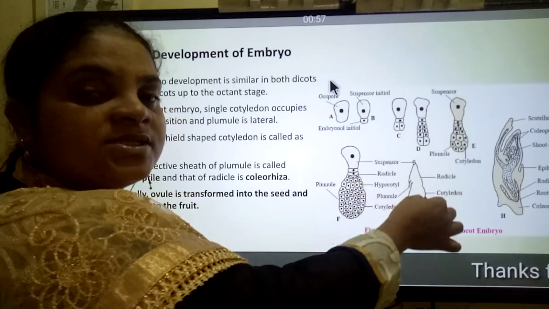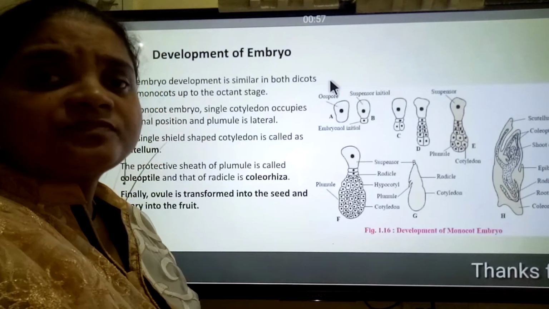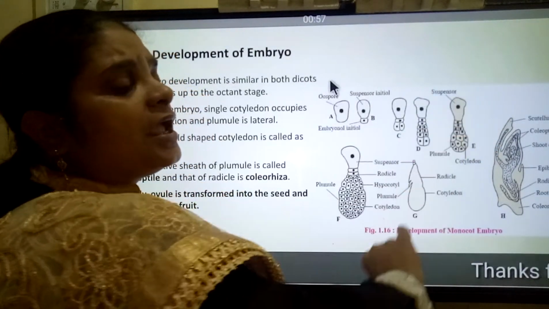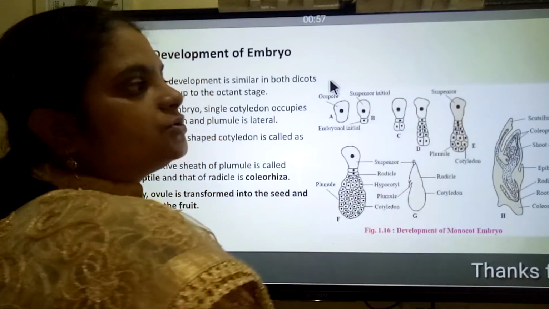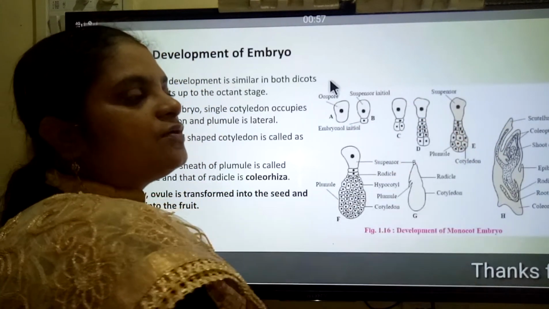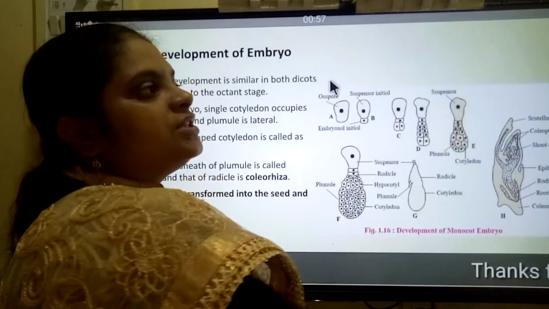The suspensor divides transversely in one plane and forms 6 to 10 cells in the filament. So this is the filamentous structure we observe.